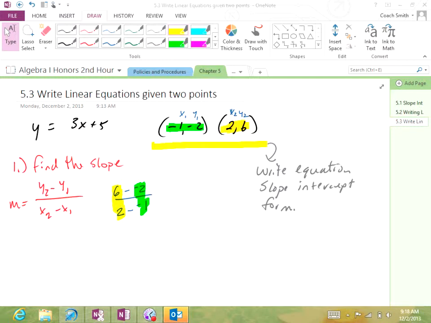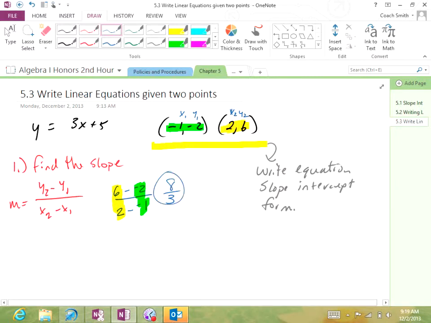All right, so that's going to give me a slope. On top, we're going to have 8. On bottom, we're going to have 3. So that's going to give me a slope of 8 over 3. Okay, so that's my slope.